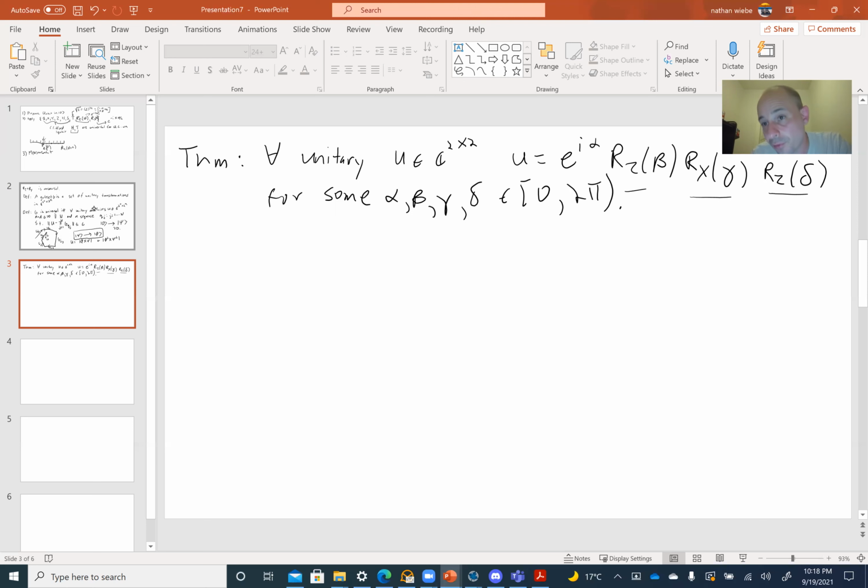And these 3 rotations will be sufficient for us to implement an arbitrary rotation. For those of you who might have seen this before, this form looks very similar to what's known as Euler angles. It essentially is the same idea, which comes about because there's a strong relationship between the group of 2 by 2 unitaries and SO(3). In fact, it forms a double cover.